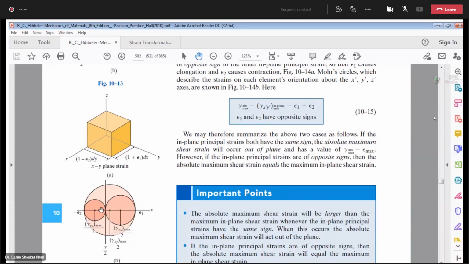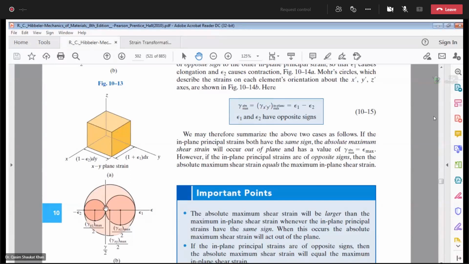This is basically your yz plane, because epsilon 2, which is negative strain causing the contraction in the element, is acting along the y-axis, and along the z direction you have zero principal strain, so 0 to minus epsilon 2, okay, and your maximum in-plane shear strain in this case will be 0 minus epsilon 2 over 2.